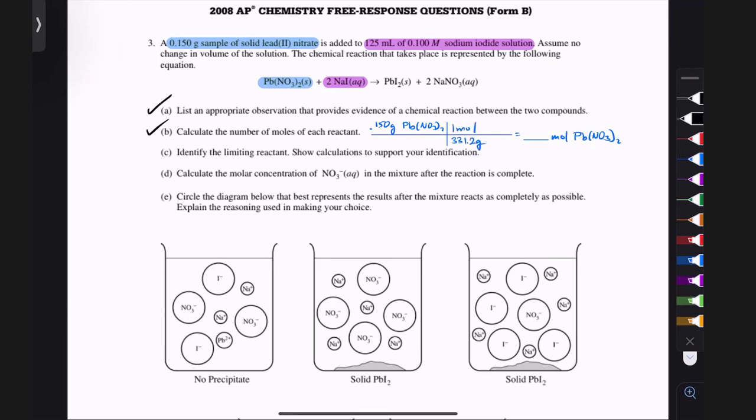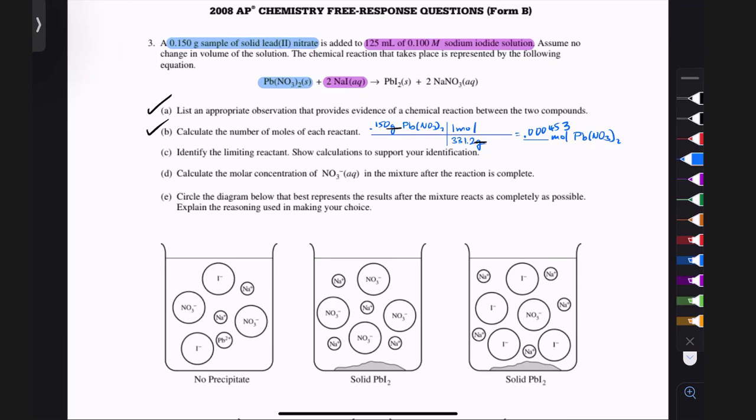I'm going to omit the unit just a little bit here. That gives us the moles. So if you divide 0.15 by the molar mass given here, you should get a pretty small number, 0.0004529 moles. Now that should be rounded to 3 sig figs. So I'm going to round that to 0.000453 moles of lead nitrate.